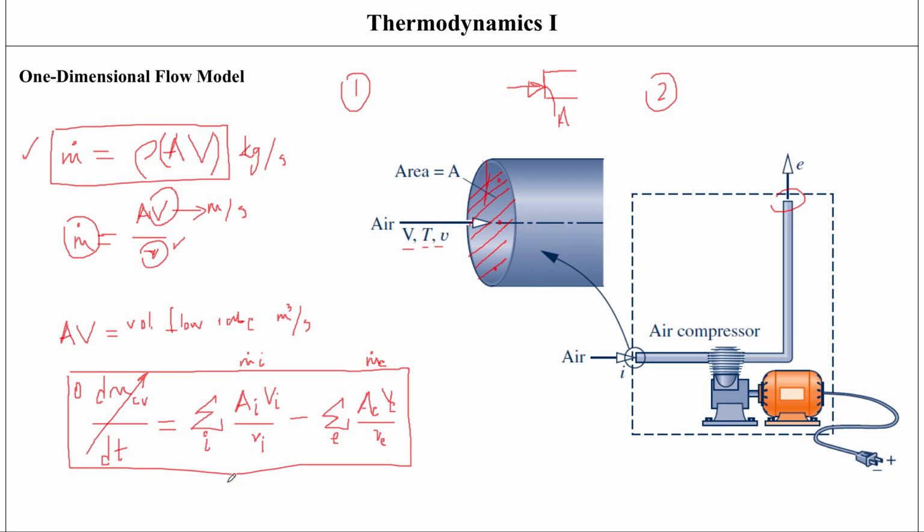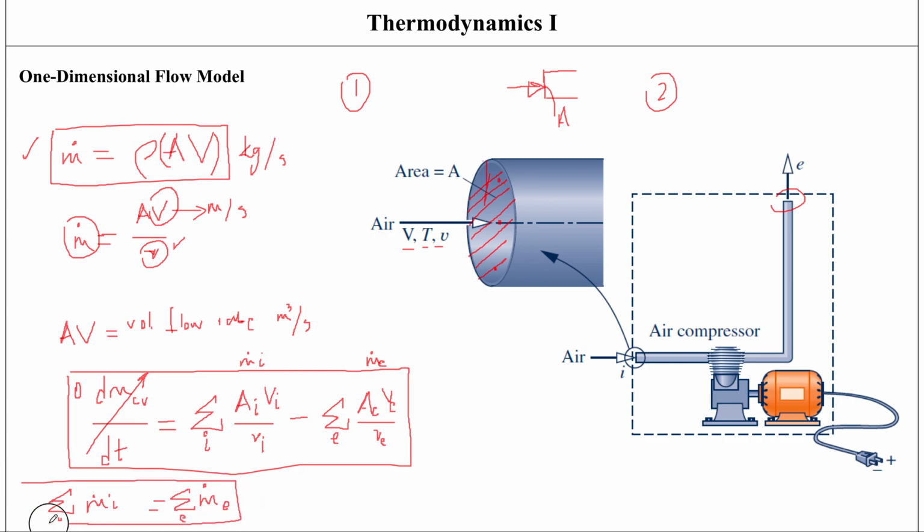And what that means is that the total incoming and outgoing mass flow rates are going to be equal to each other, right? So m_i dot is going to be equal to m_e dot, or the summation over it.